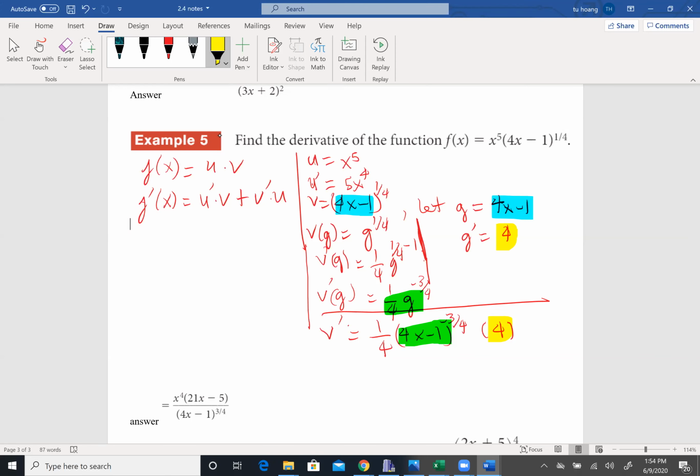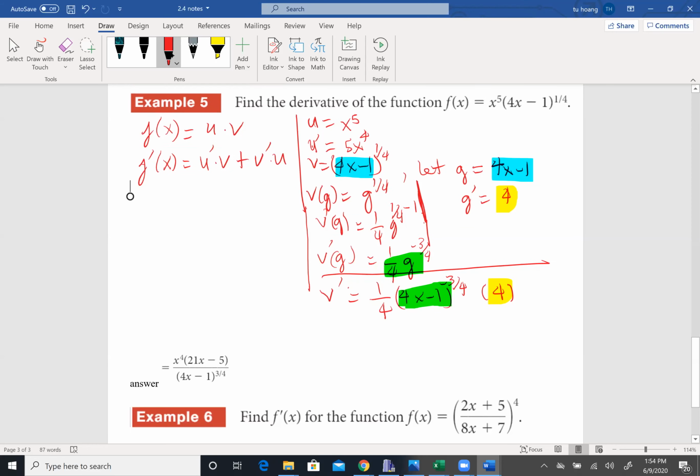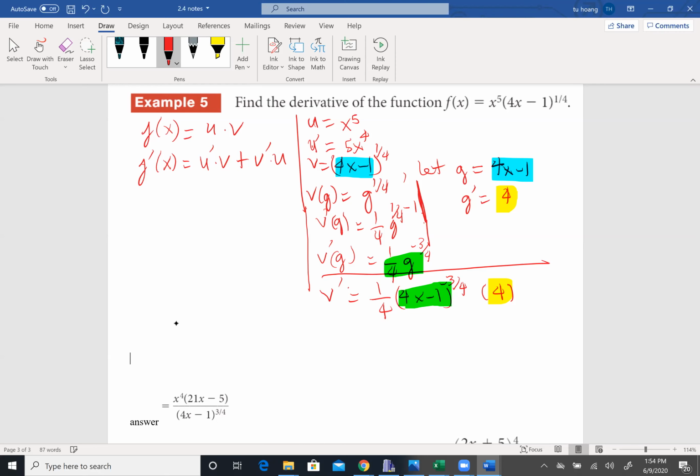So now I will have f derivative of x equal to u prime times v. What is u prime? U prime was here. Let me change the color. And v prime is this.